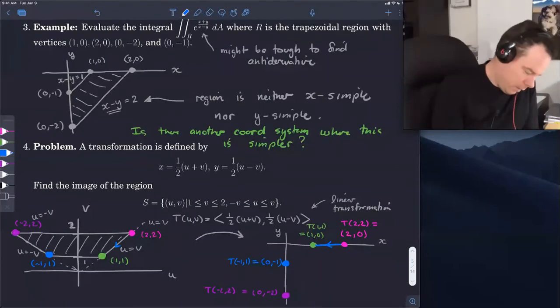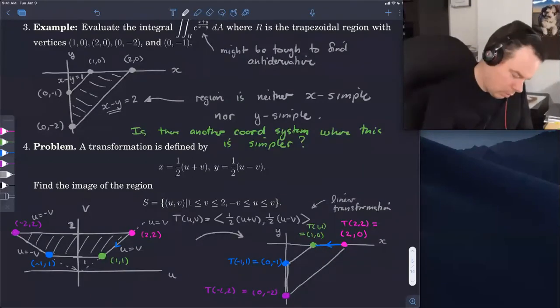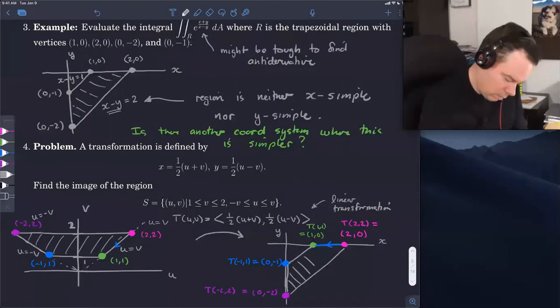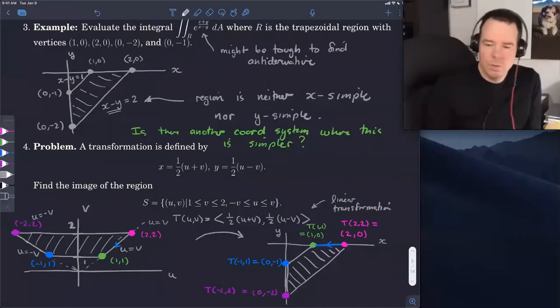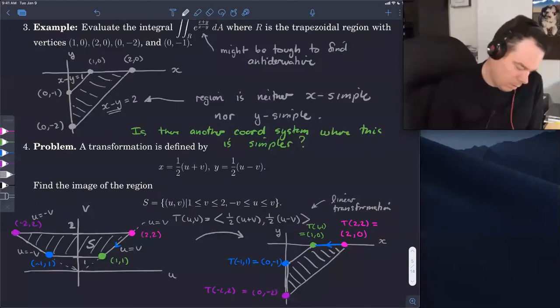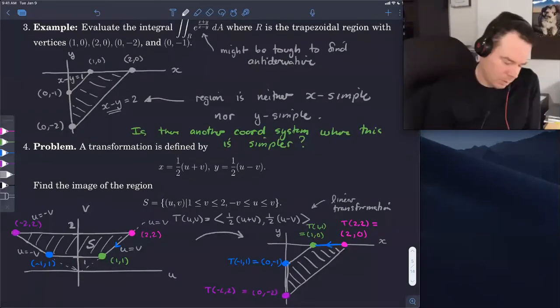And so our lines that are connecting all of these points get mapped to lines that are connecting these points. So our region gets mapped to this. So T takes this region, S, and maps it over to this trapezoidal region in the XY plane.